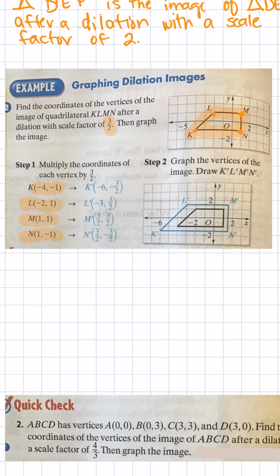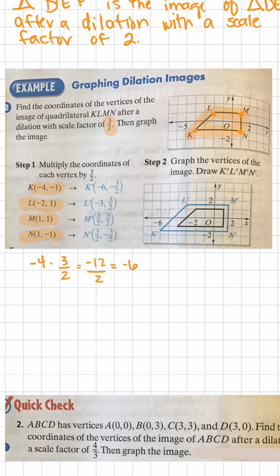Then we multiply the coordinates of each vertex by 3/2. If you're going to do this, -4 times 3/2, right? That would be -12 over 2, which divides out to -6.